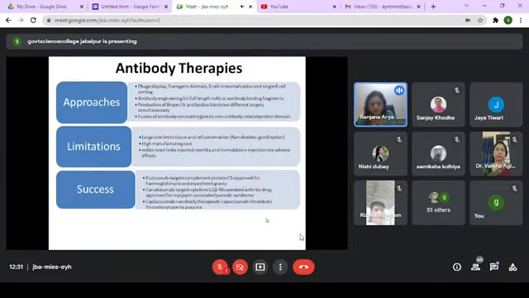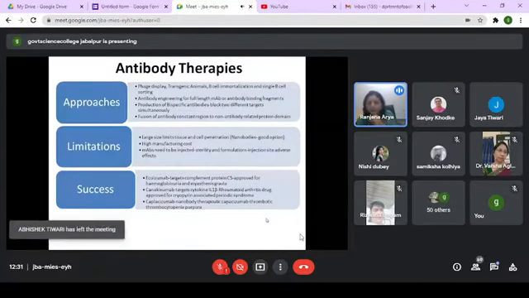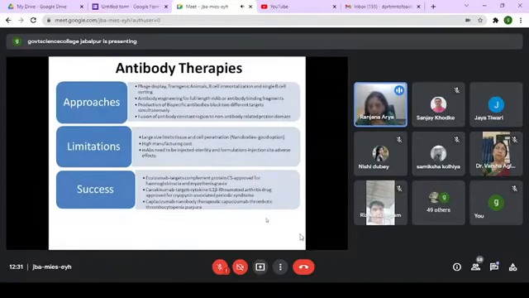But here we have eculizumab, which is targeting the complement protein C5 in the treatment of hemoglobinuria, and canakinumab, which targets interleukin-1 beta, and that was originally used for rheumatoid arthritis. And similarly, we have now a recent nanobody therapeutic, which is caplacizumab, for thrombotic thrombocytopenic purpura.